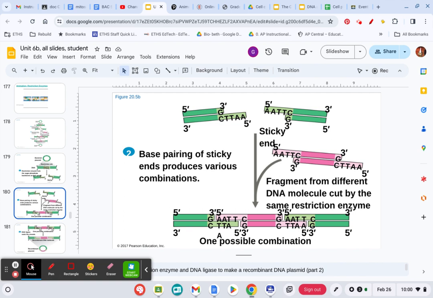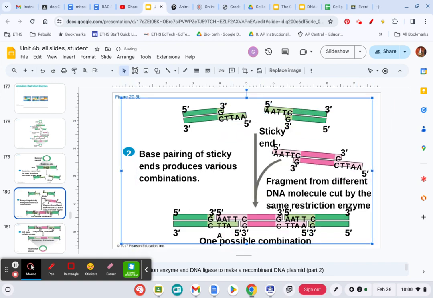we can cut another piece of DNA with the same restriction enzyme, creating these same sticky ends, and it's shown in pink here to show you that now you're talking about a different organism coming from a different source.